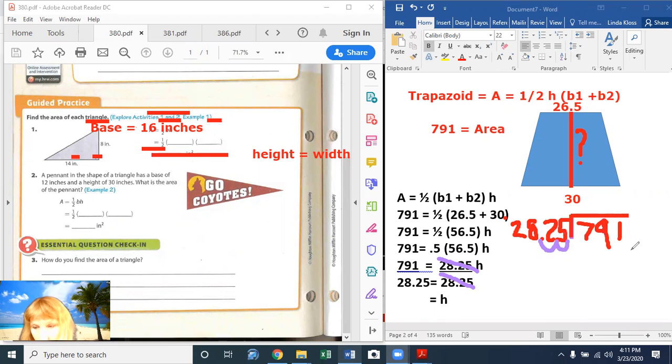There isn't a decimal here, but we can assume it's after the number, right? So if I jump 2, 1, 2, my decimal now goes right here.